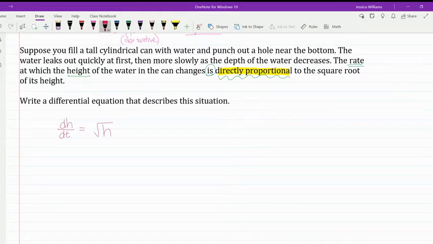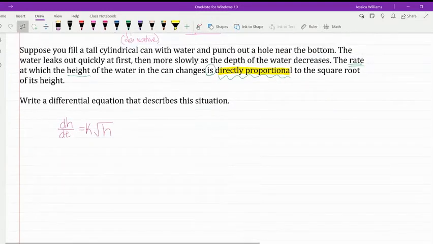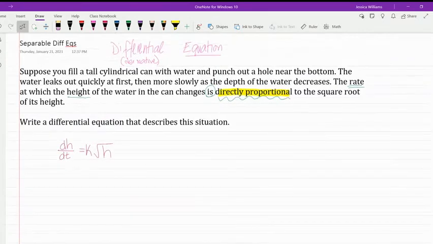This directly proportional is some constant of proportionality that almost all of your differential equations will have. It's called constant of proportionality, and I feel like you may have encountered this before when you did exponential growth and decay, maybe with Pickle or maybe in Algebra 2. But that's a differential equation.